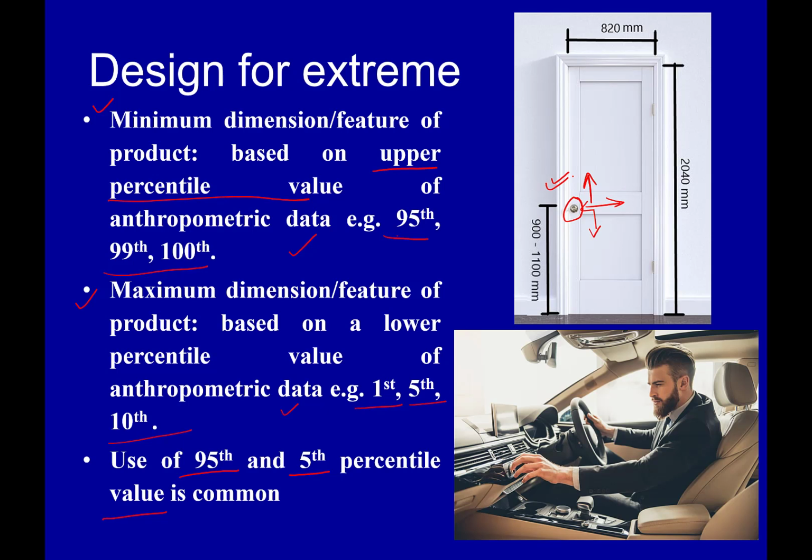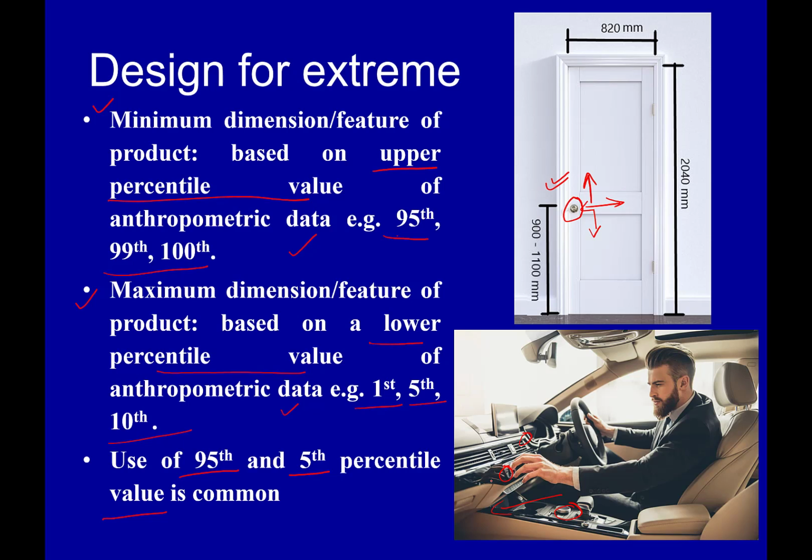Similarly, where these controls will be placed and how far they can be located from the driver will depend on this. The maximum dimension here will be based on the lower percentile value, so at least 1% or 5% of the people should be able to reach there. That will be the maximum dimension.